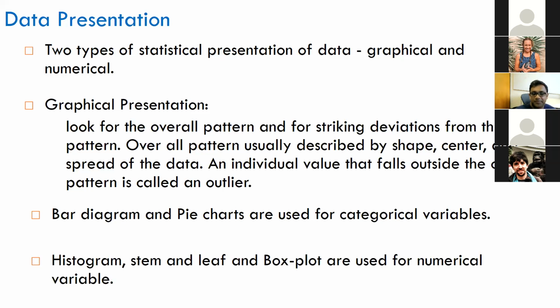Or if you have numerical data, you can use a box plot or histograms, right? So once you have data, you try to understand, okay, this is my data and this is how it behaves. Then you can get a vague idea about the distribution, the pattern, the deviation of your data, right? Or you can even identify outliers. I will explain outliers later.